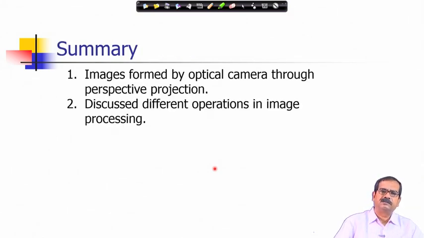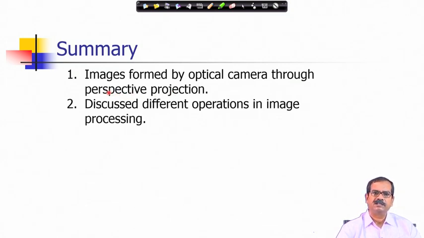So, here we are at the end of our lecture on the fundamentals of image processing. As a summary of what we discussed in this lecture, images are formed by an optical camera, and the mapping of 3-dimensional points to 2-dimensional points takes place through a kind of projection known as perspective projection.